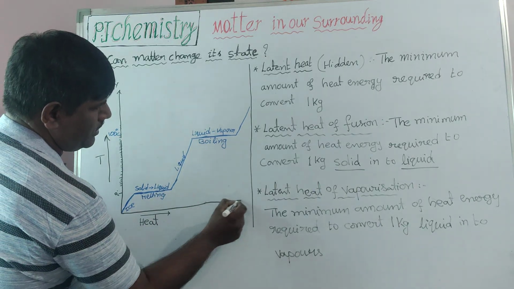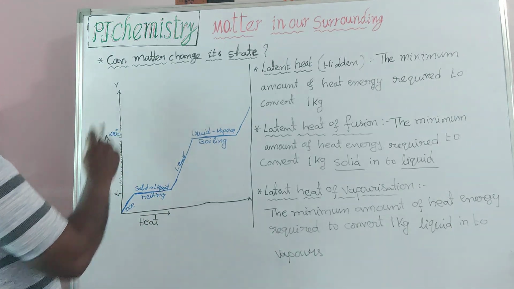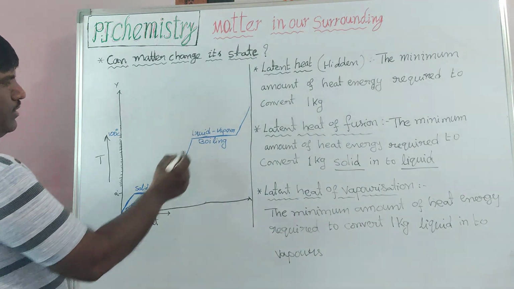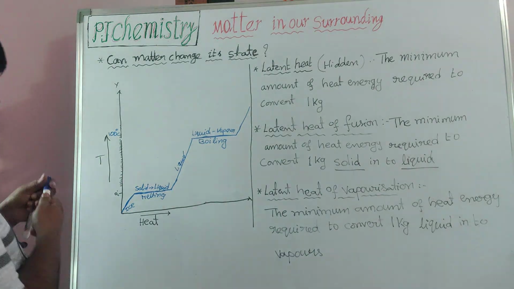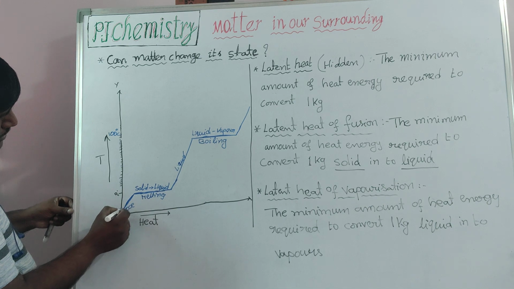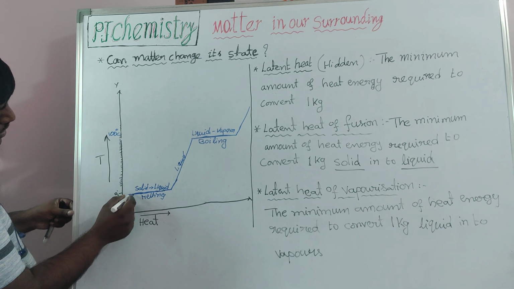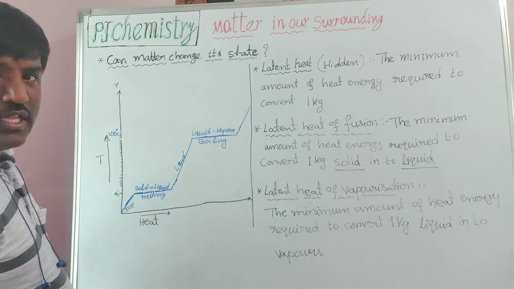On the x-axis, heat is given. On the y-axis, temperature rising. In this rising area, heat is transferring, but the temperature is not shown on the thermometer.